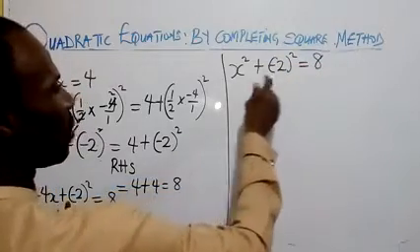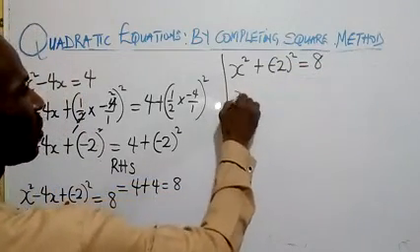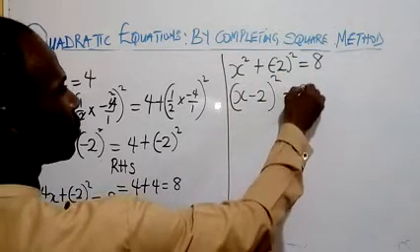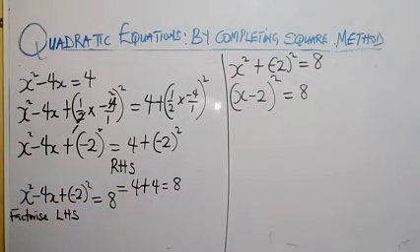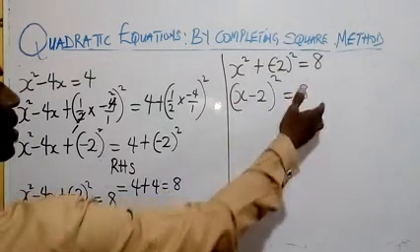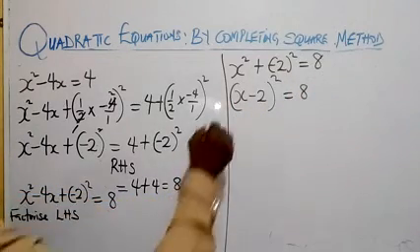What is common here? Plus times minus. (x - 2) all squared equals 8. Therefore, we can take the square root of both sides, both left hand side and right hand side.